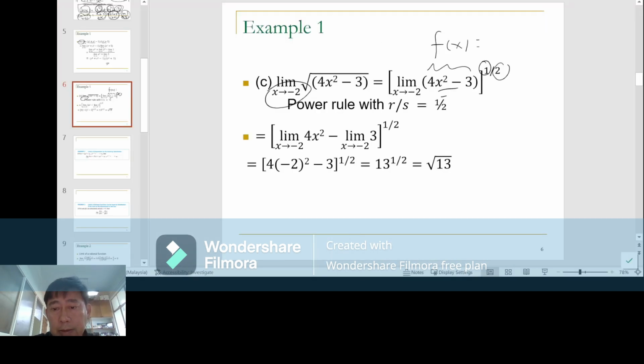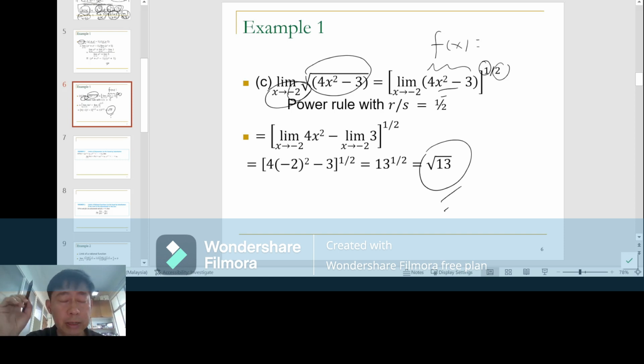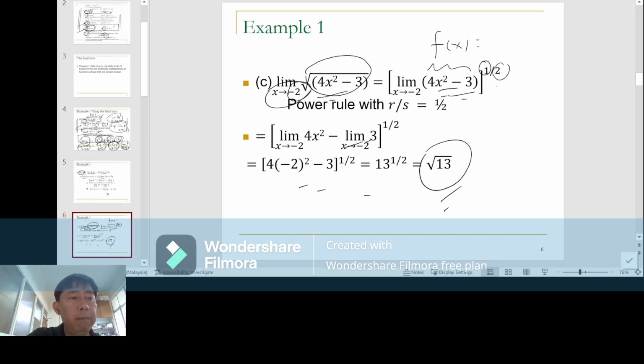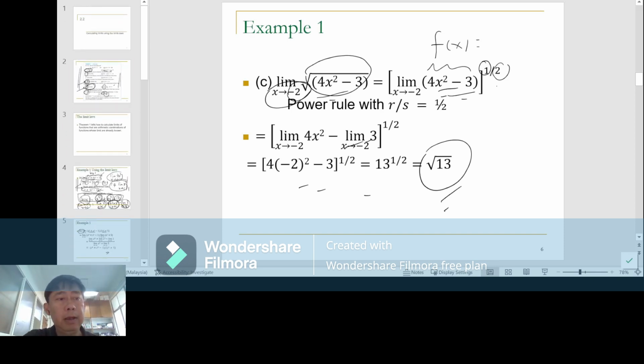That is the answer. The evaluation of the limit for this function when x tends towards minus 2 is kind of straightforward. I thought that you just substitute the number, but you don't substitute straightforwardly; you have to show that this equals this, equals this, following the steps warranted by theorem 1.